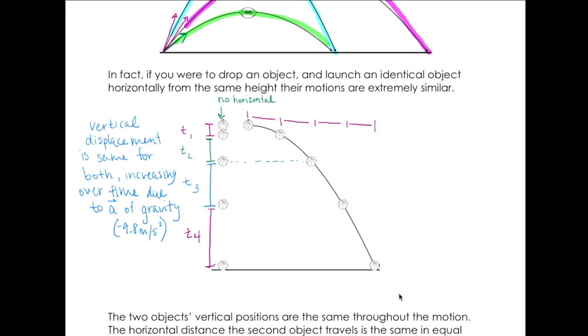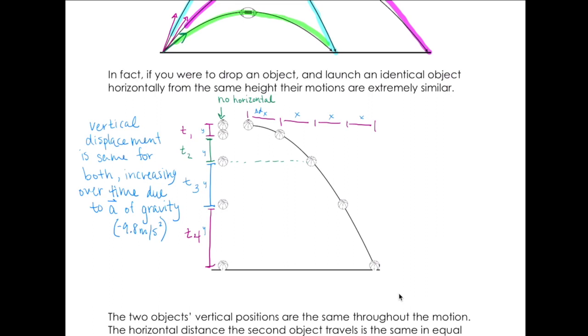All of these down here were our delta y, so this is all y. These are each our displacement of x, so I'm just going to put x for ease. You should notice that the ball launched horizontally travels the same horizontal distance in equal time periods.